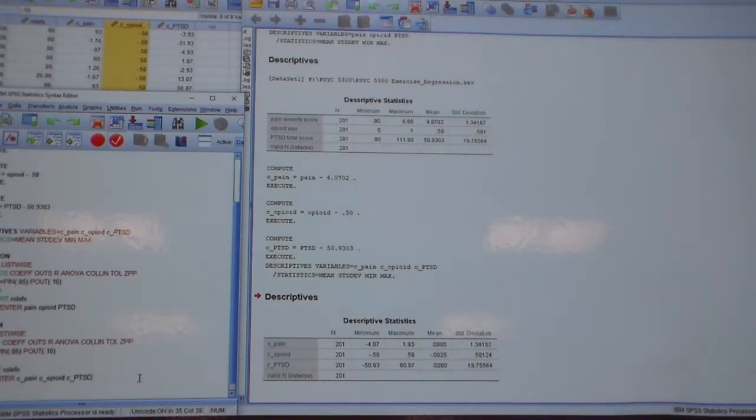As you start to work with this SPSS syntax, you'll probably stop running everything through the pull down, just because it's more efficient. Here's my statement for my regression model, regressing role functioning onto pain, opiate use, and PTSD. I'm just going to run the same model using centered pain, centered opiate use, and centered PTSD.